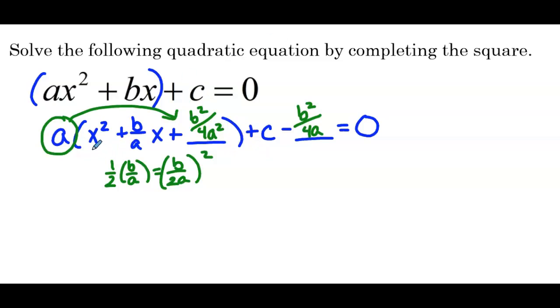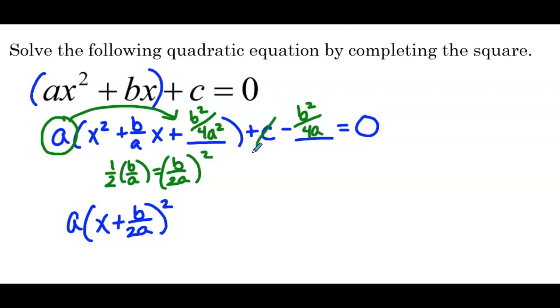Okay, so now we have to factor this perfect square trinomial, and that looks really difficult. But if we remember, the factor is going to be b over 2a. So we have x plus b over 2a squared. Now in order to combine these terms, we need a common denominator.